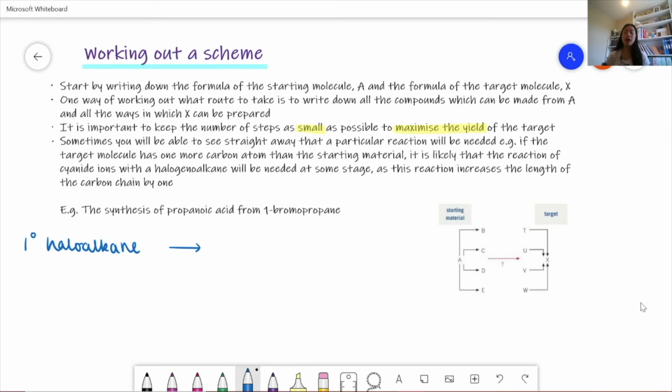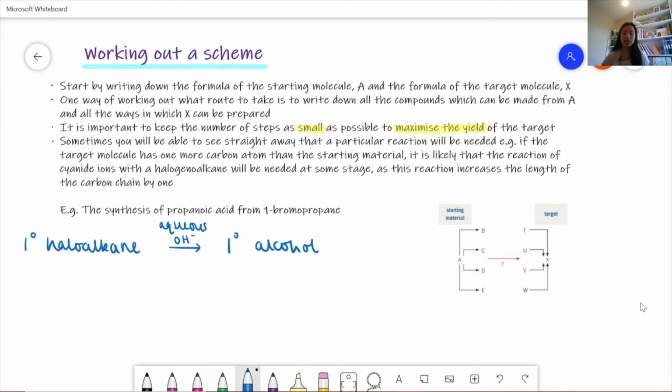And so we can react primary haloalkanes with hydroxide ions, for example, to form an alcohol. So I can form a primary alcohol from this primary haloalkane. And this is by adding aqueous OH- ions.